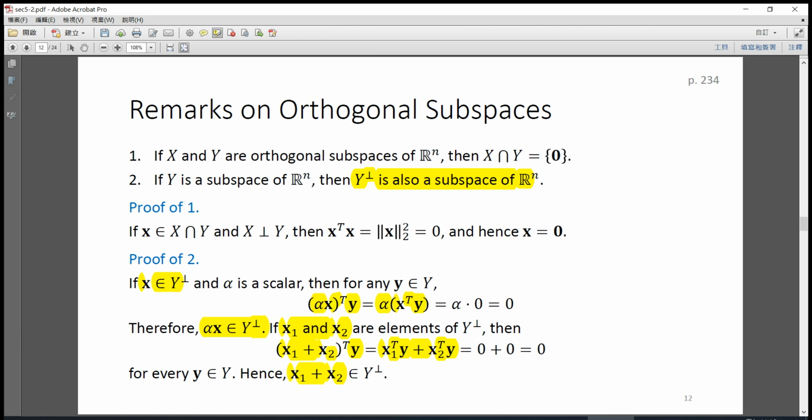Because x1 and x2 are elements of Y perp, x1 transpose y equals 0, and x2 transpose y also equals 0, and therefore x1 plus x2 transpose y is 0. Hence we know x1 plus x2 belongs to Y perp, and therefore the vector addition is also closed in Y perp.